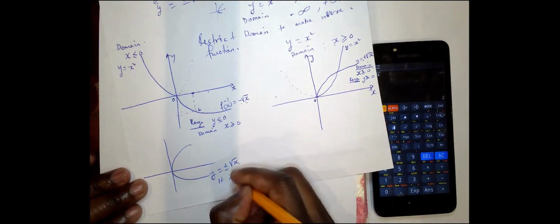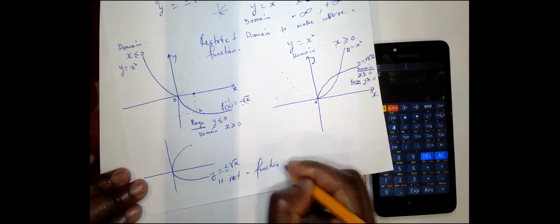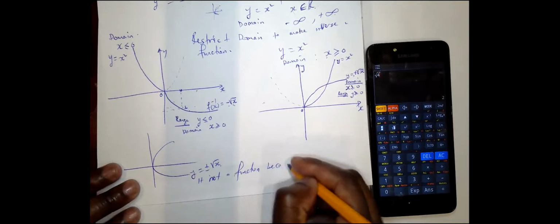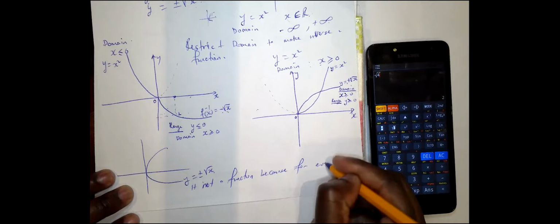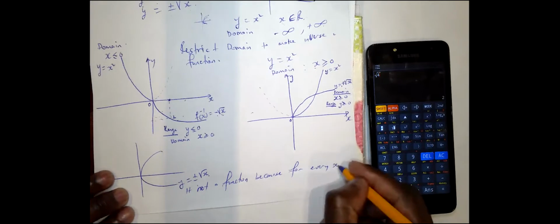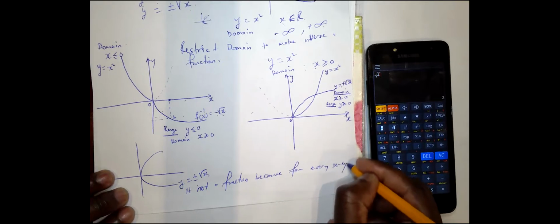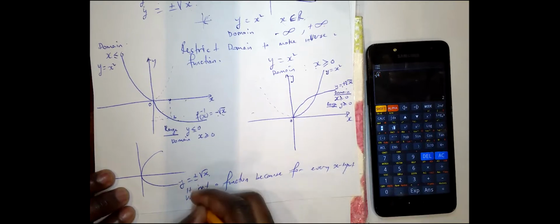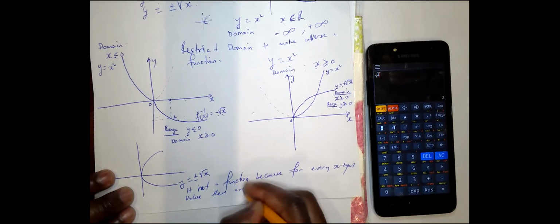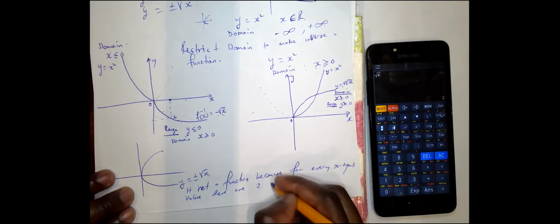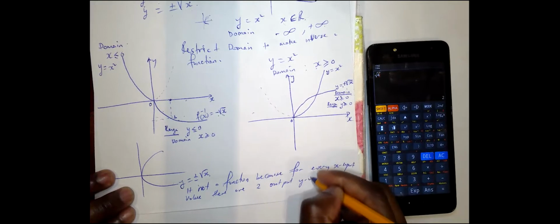is not a function, because for every x input value, there are 2 output y values.